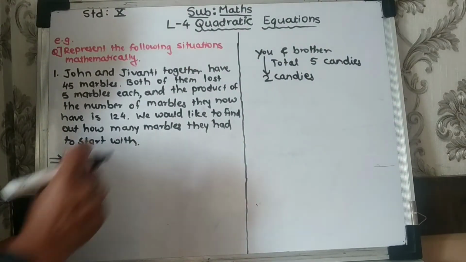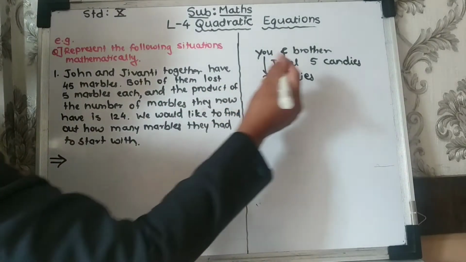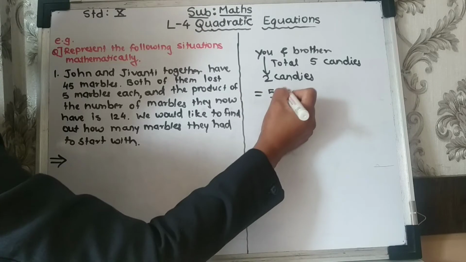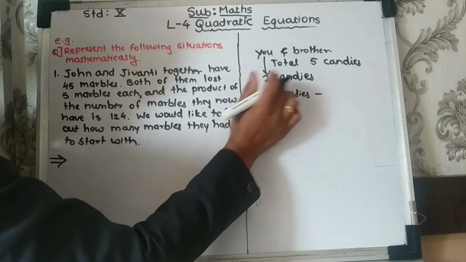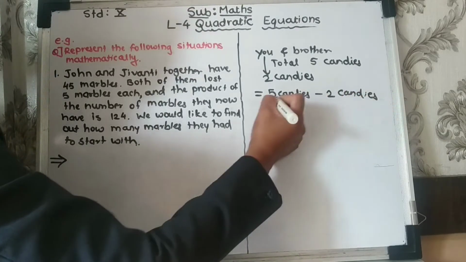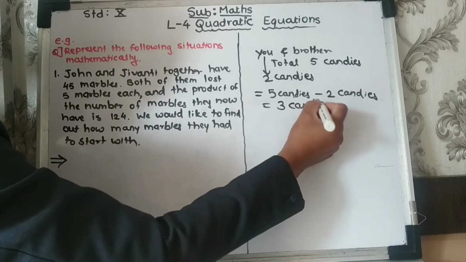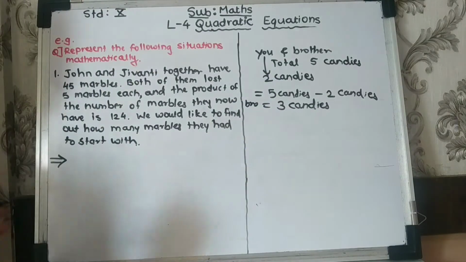So how many candies does your brother have? From the 5 candies we subtract the 2 candies, and then we get the 3 candies which belong to your brother.